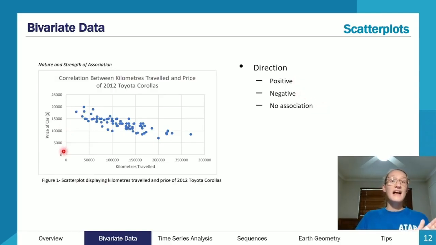If it's positive, as our explanatory variable increases, and remember, our explanatory variable we always plot on the bottom, just like in science, we plot the independent variable along the bottom, and then we plot our response variable along the y-axis up here. So if we had a positive direction, as our explanatory variable increased, so too would our response variable.